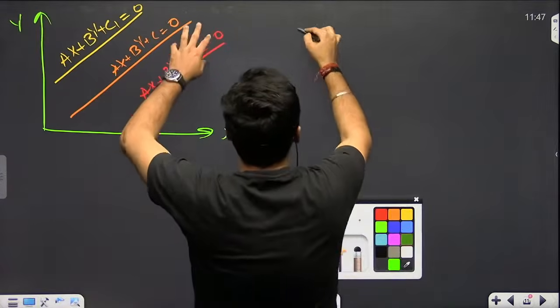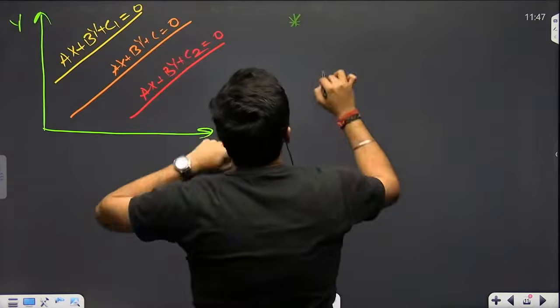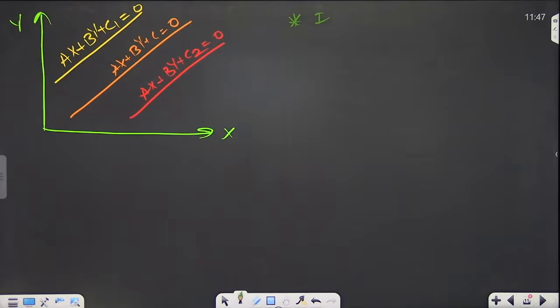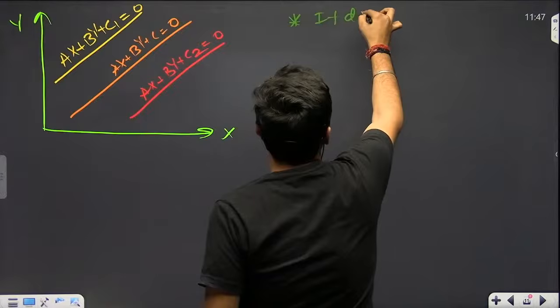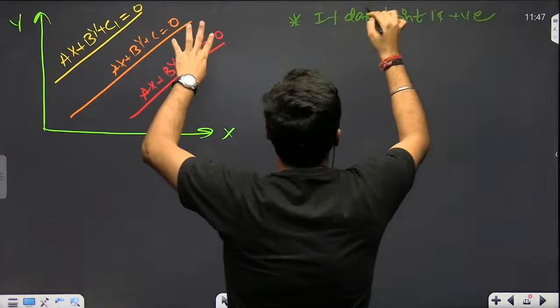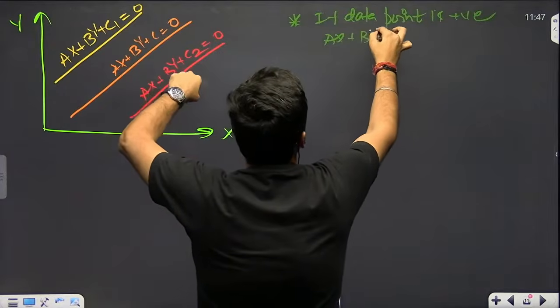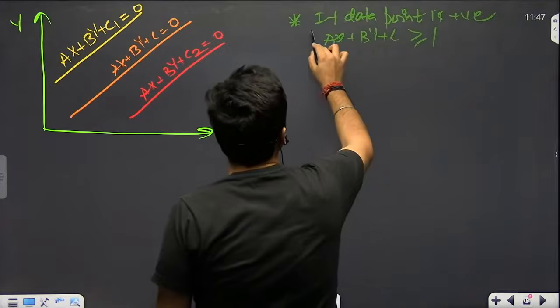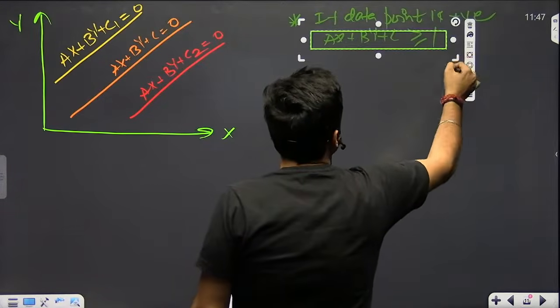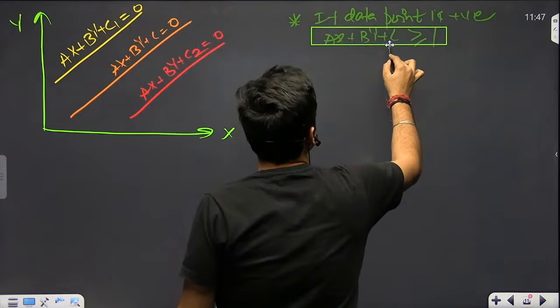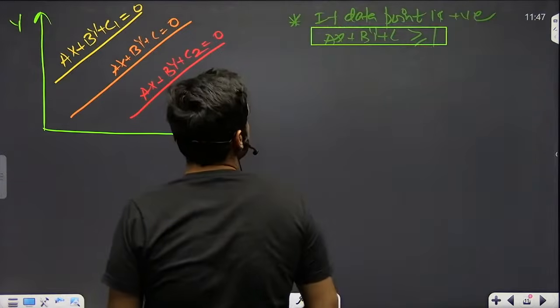So till now we saw that if a point belongs to the positive class, if the data point is positive, that means ax plus by plus c should be greater than or equal to 1.